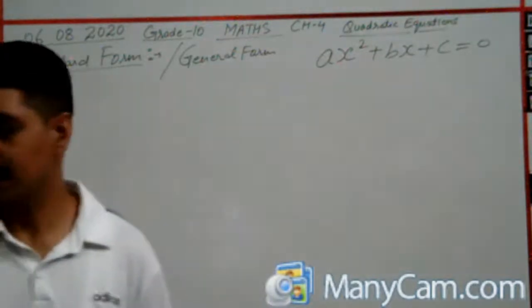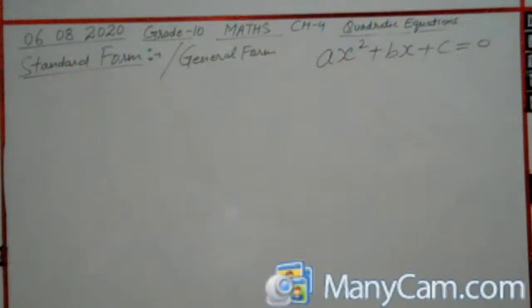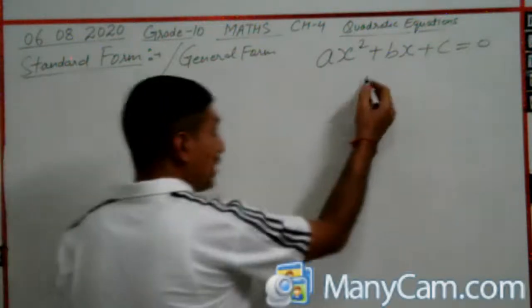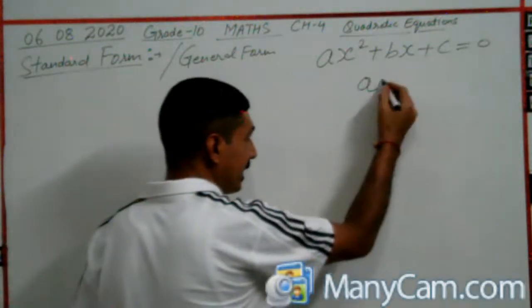This is the standard form of the quadratic equations, right? Where a cannot be 0. Now it is a very important condition that a cannot be 0.